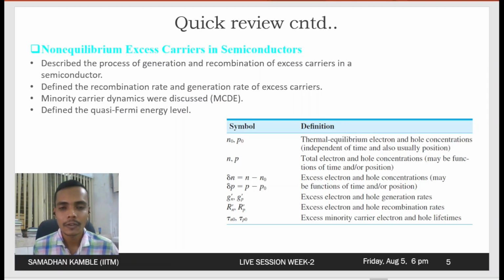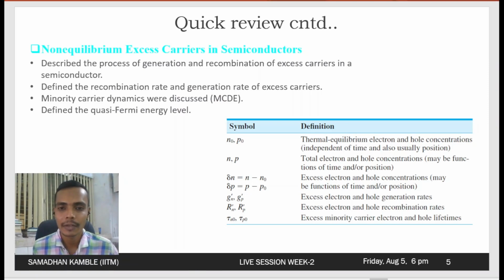The excess electrons and holes are generated by an external force at a particular rate, and let us consider this rate to be as shown here. This rate is Gn prime and Gp prime. This is the excess electron and hole generation rates. An important point to note here is that these rates are actually equal, because for direct band-to-band generation, the excess electrons and holes are created in pairs.